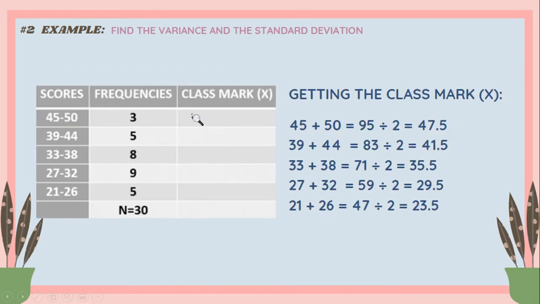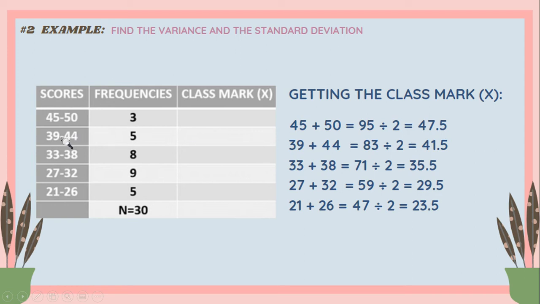And then find now the class mark or the x. To find the class mark, we need to add the higher and the lowest class limits. So 45 plus 50 is equal to 95, and then divide it by 2. So 95 divided by 2 is equal to 47.5.